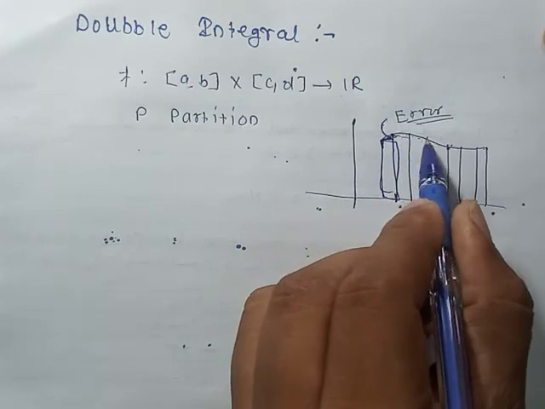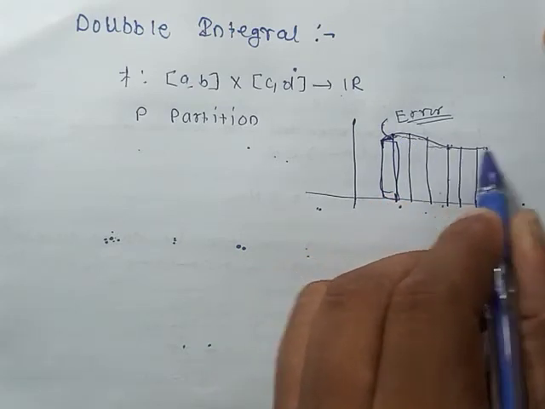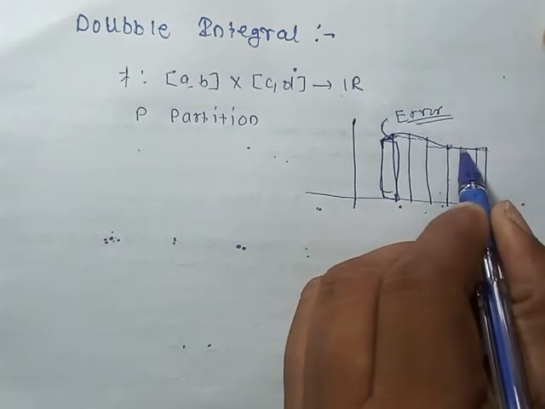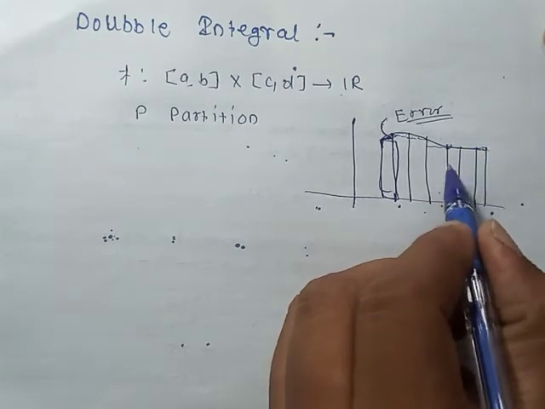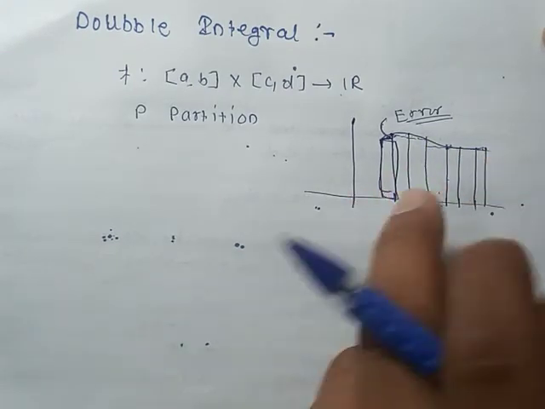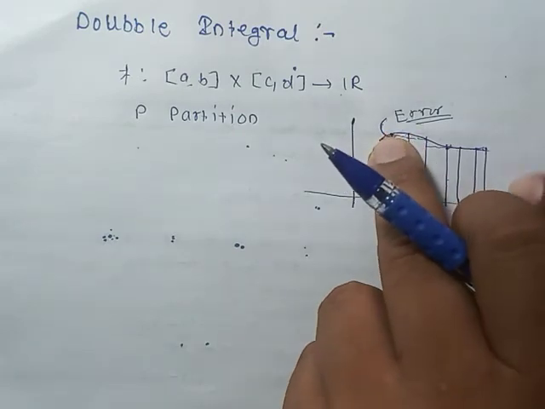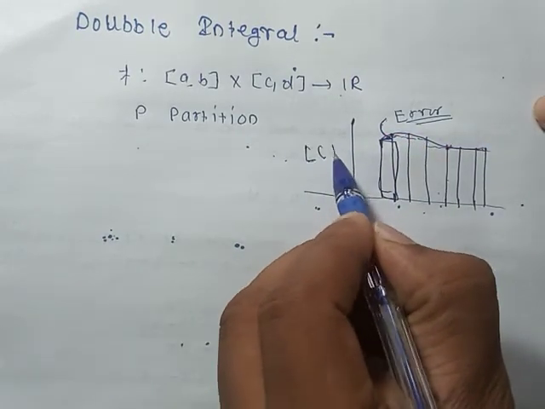Again here if we draw this, and this, and this, then we can calculate the area. And if we draw the rectangles below this curve, then this is called a lower sum.